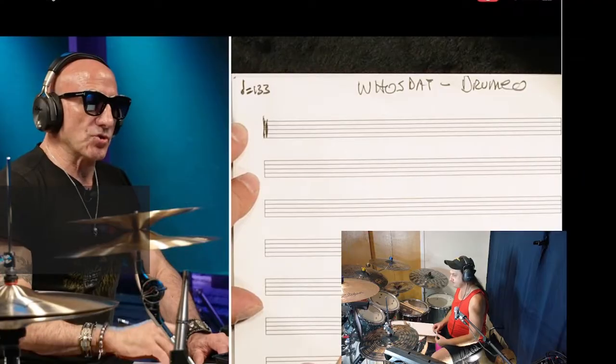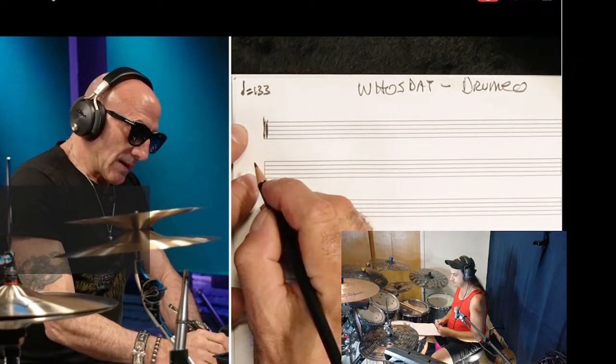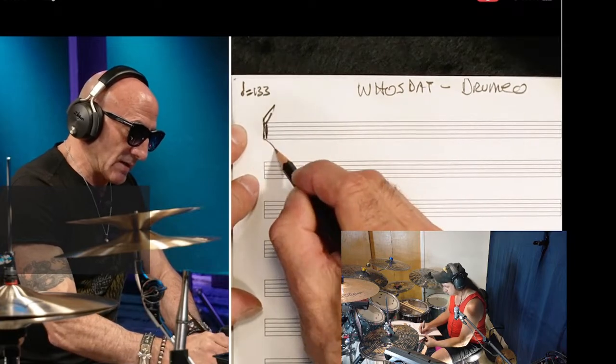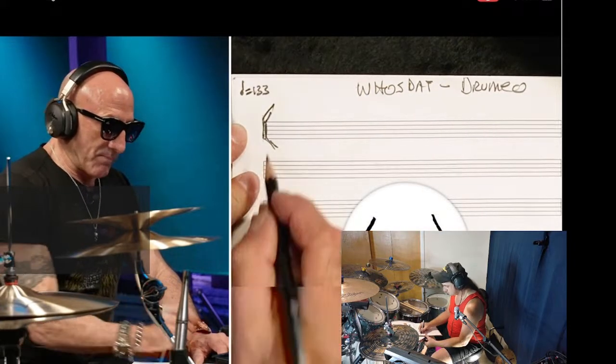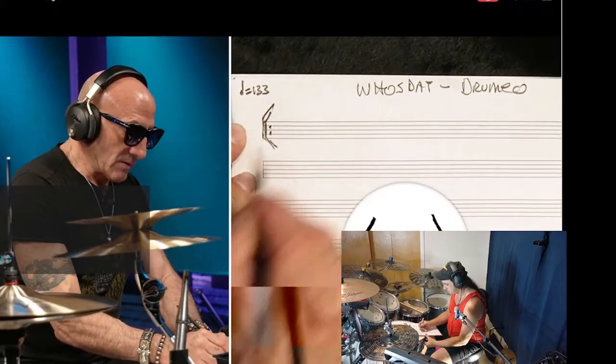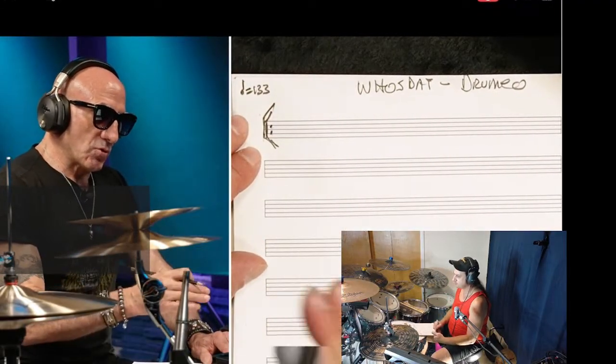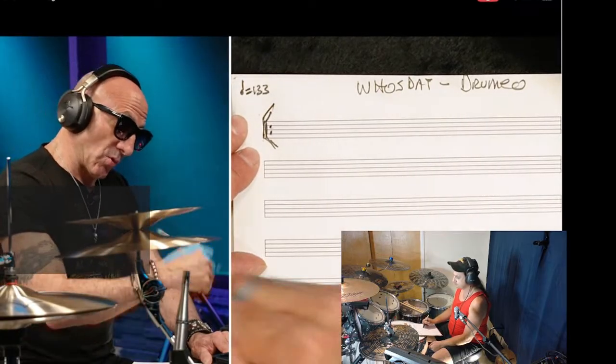Okay, that's 4 measures, and it sounds like it repeats. So I do a repeat sign. The repeat sign is these wings that I put with 2 dots in front of the double bar, which would mean you'll go to a certain point where it tells you to go back.